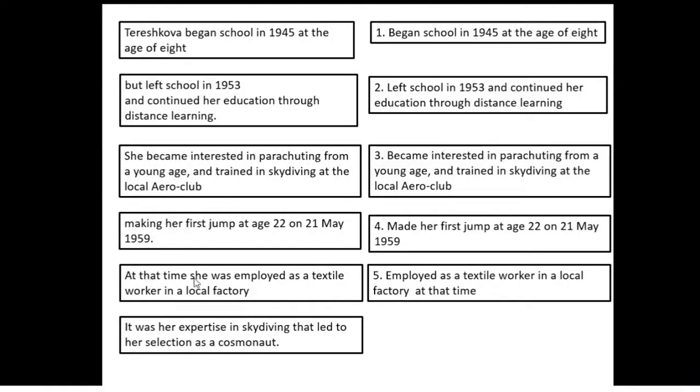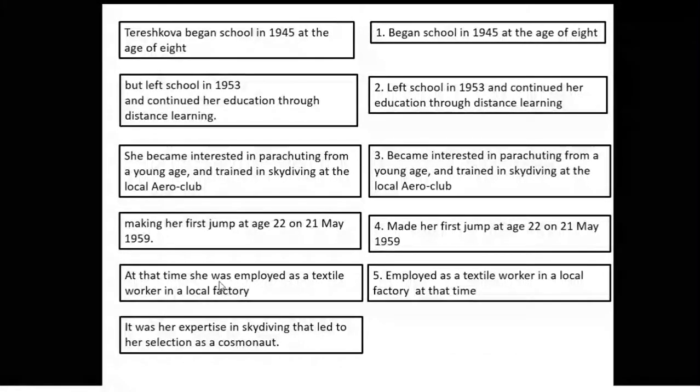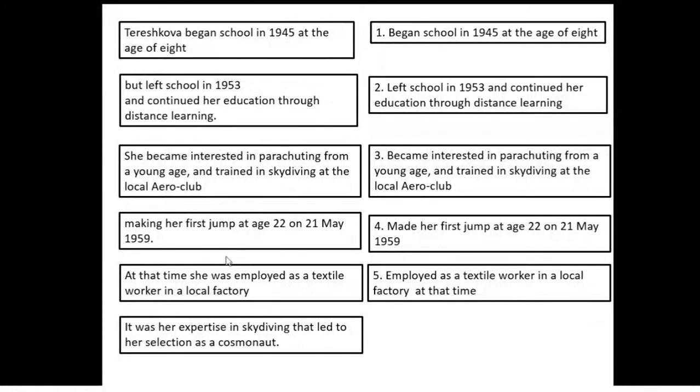Instead of writing this in the beginning of the point, you can write this at the end of the point, at that time. And she was employed. Here be verb, this be verb will be omitted and subject is not necessary. So the point is employed as a textile worker in a local factory at that time.